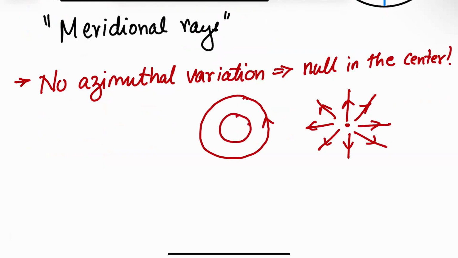Again, in which case the field must be zero in the middle. Right? Because if you have a field distribution in the middle that's in some direction, then automatically you're breaking azimuthal variation. And that's one of the consequences of dealing in vector fields, is that if you have no azimuthal variation in the middle, you must have a null.